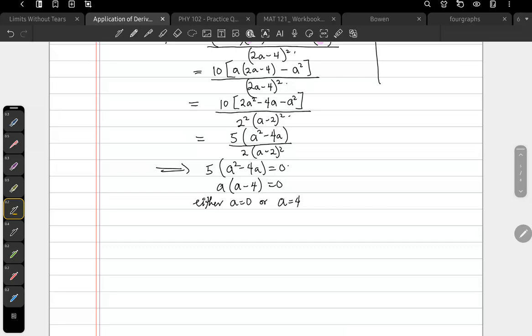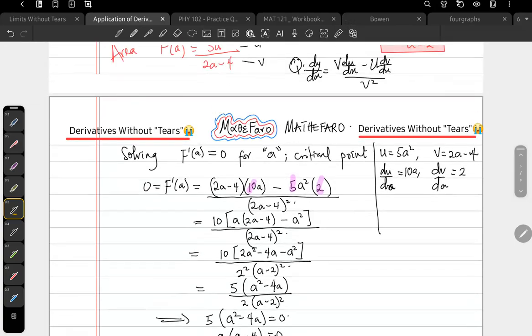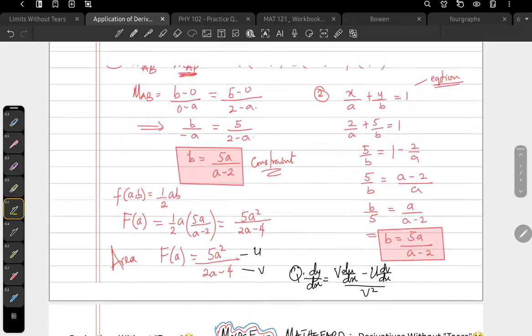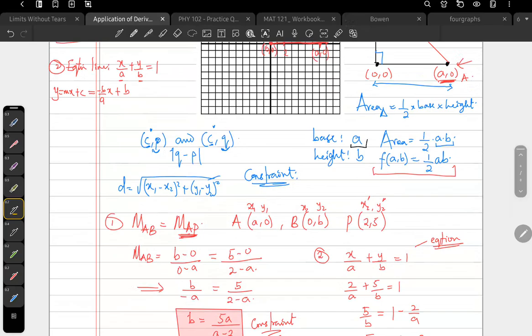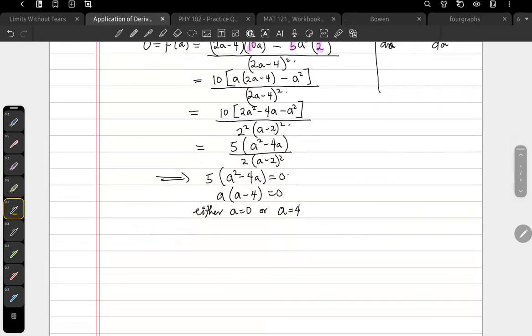But hold on, we are talking about a triangle where the base is what we have regarded as our a. So it means that a cannot be equal to 0. So which means a is equal to 4. So this is the base that will minimize the area of the triangle.